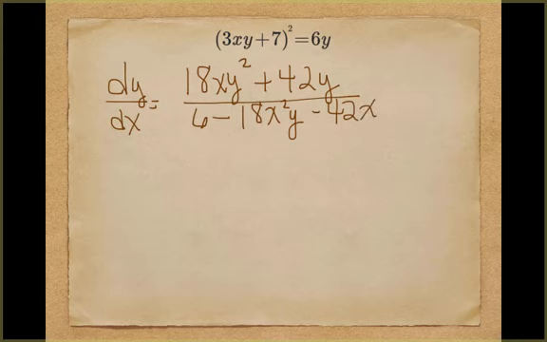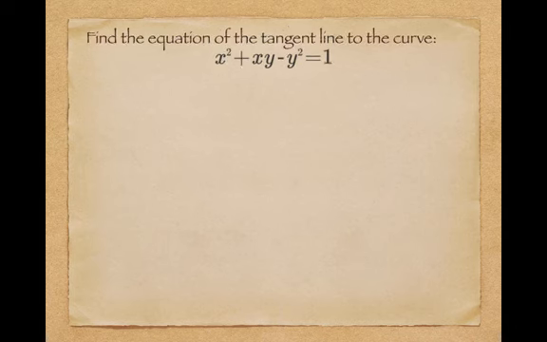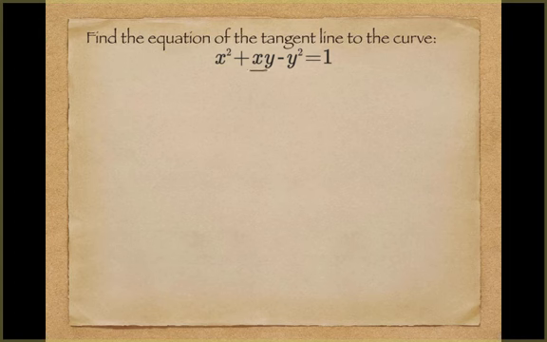Okay, let's try one more, and we'll do one more finding the tangent of a line. So I have x squared plus xy minus y squared equals 1. In this center piece here, I do have that product rule. So my f is x and my g is y.